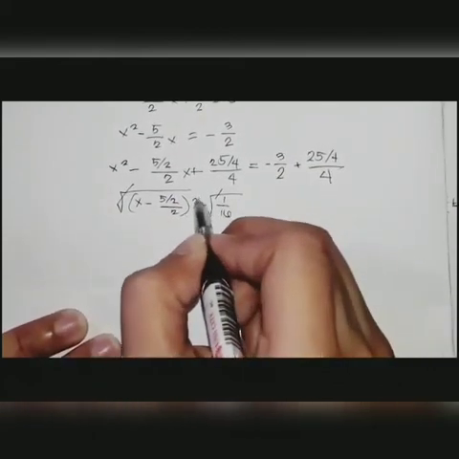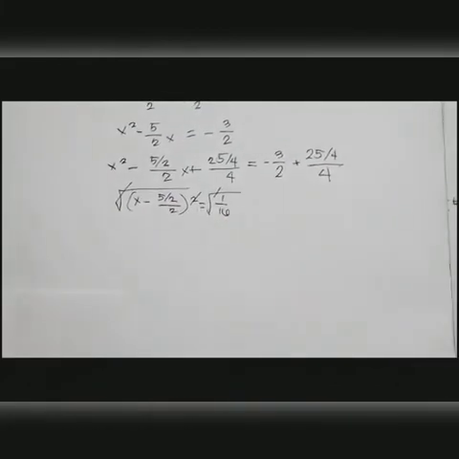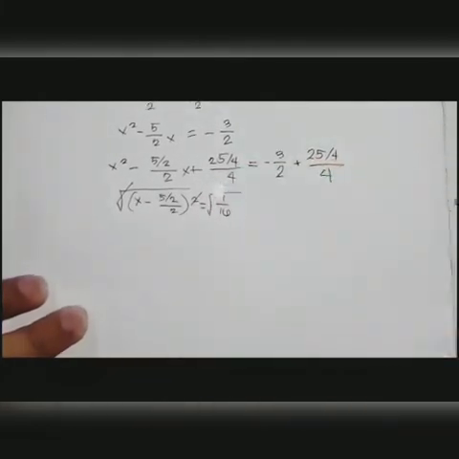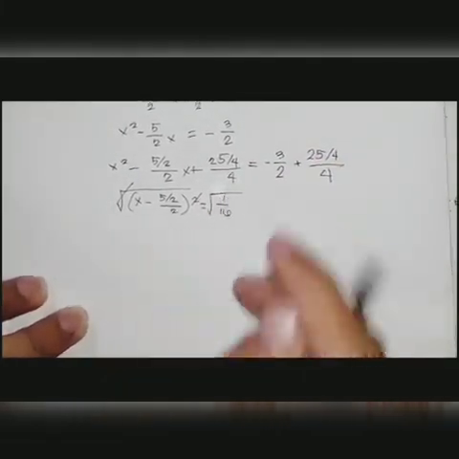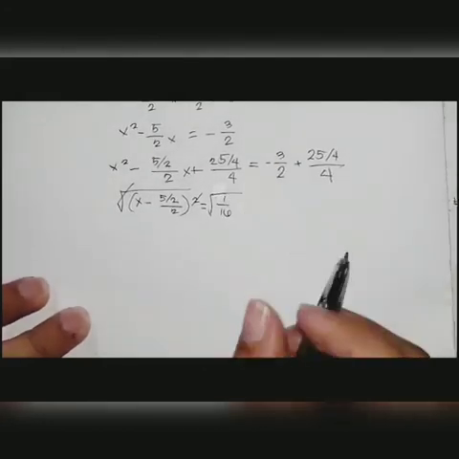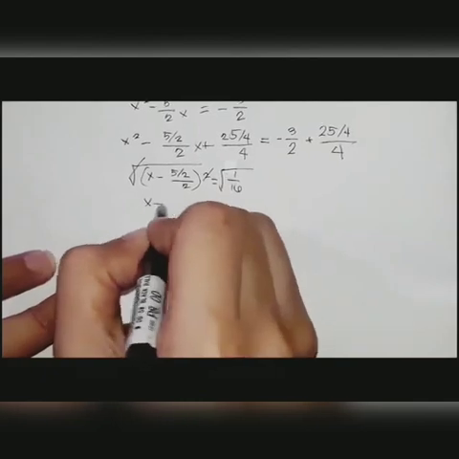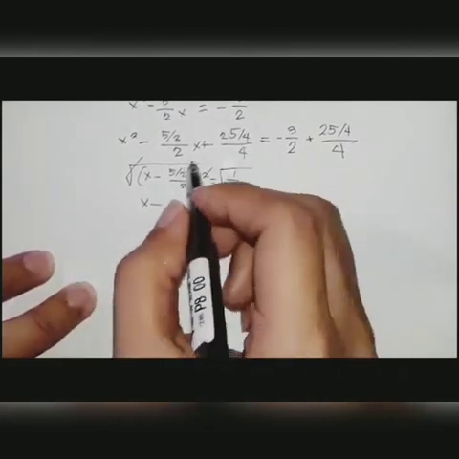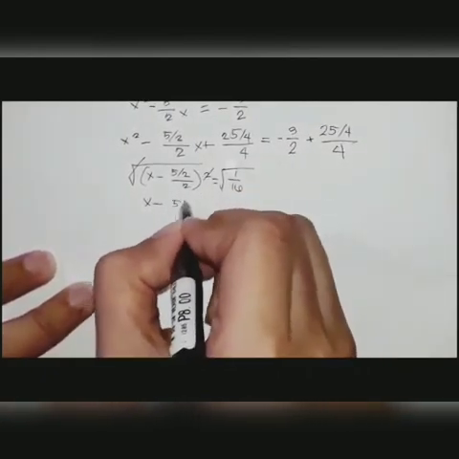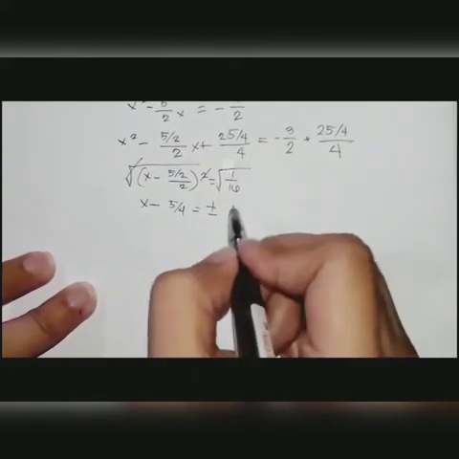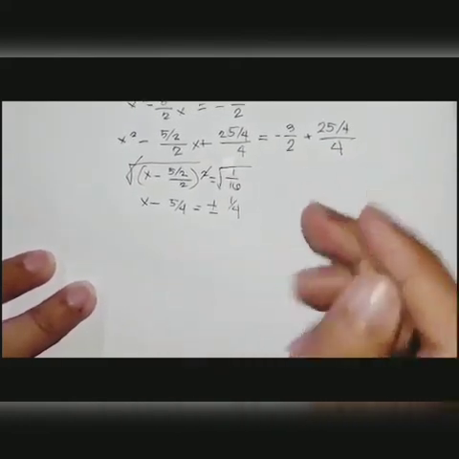Once you are familiar with the process, you are able to cope with the situation. Taking the square root, this will become x minus 5 over 4 is equal to positive and negative 1/4.